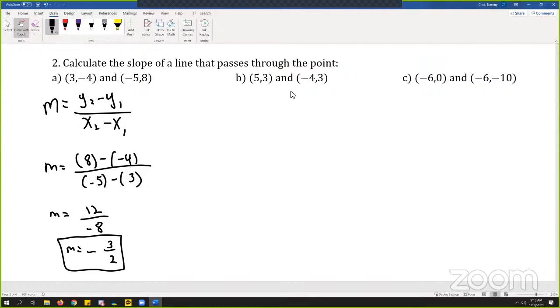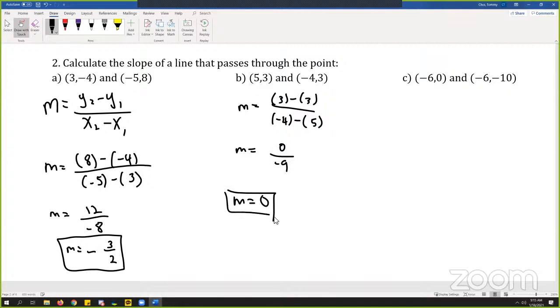For question B, plugging it into my formula, you should have gotten 3 minus 3 over negative 4 minus 5, which gives us 0 over negative 9, which is just 0. Anything, 0 divided by anything is 0.